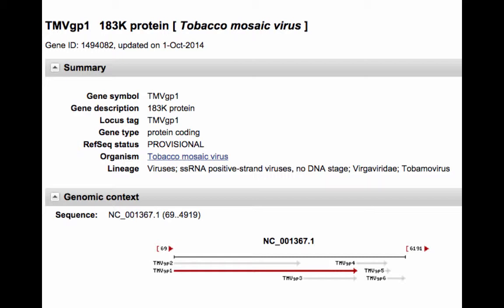Back to TMV, it turns out that tobacco mosaic virus encodes 6 polypeptides, and I had you look at each of the 6 and figure out how long each gene was and what it did. And when you add them all up, you should get more information than is available in 6,191 bases.